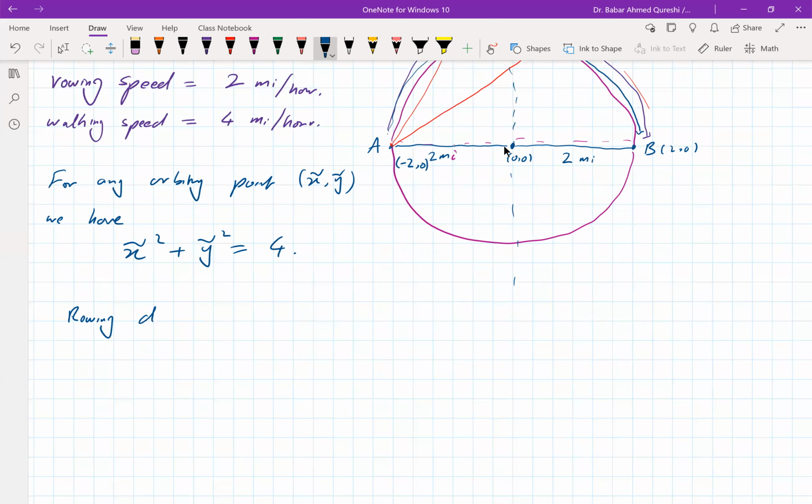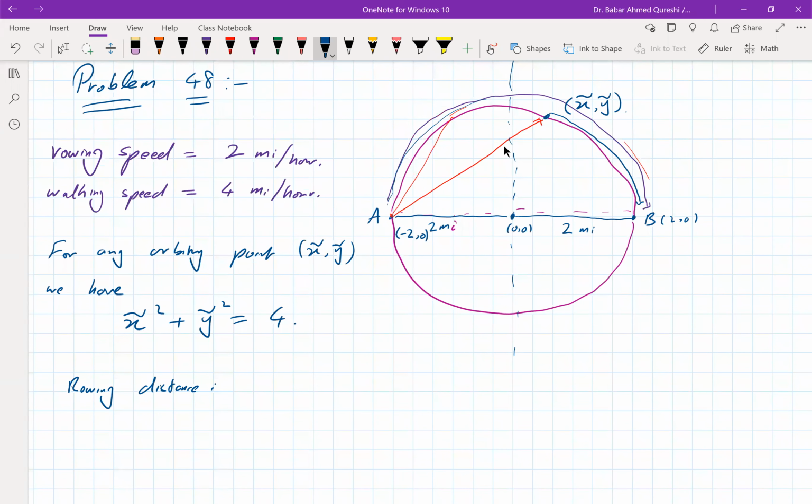The rowing distance is, you just take these points: x tilde minus this x coordinate, squared, plus y tilde minus the y coordinate, which is 0, squared. So that's the rowing distance.